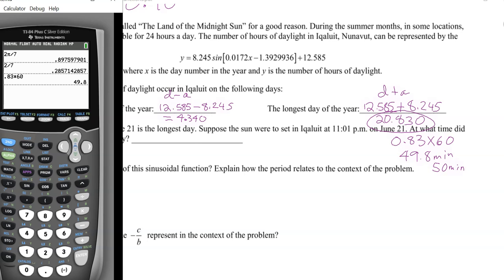So from 11:01 p.m., now this is where the 24-hour clock comes in handy. What's 11:01 p.m.? 23:01. And from that, we're going to take away 20 hours. So let's just start with hours. That'll take us to 3:01. And now we're going to take away 50 minutes. So if it's 3:01, you go back 50 minutes, where are you? 2:11.